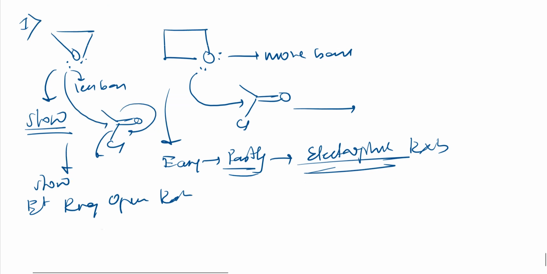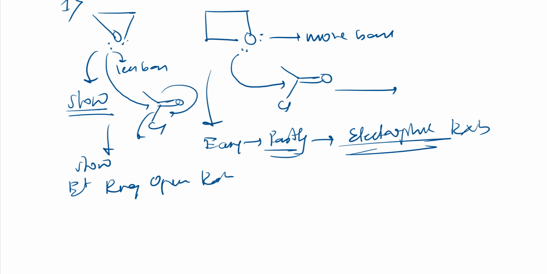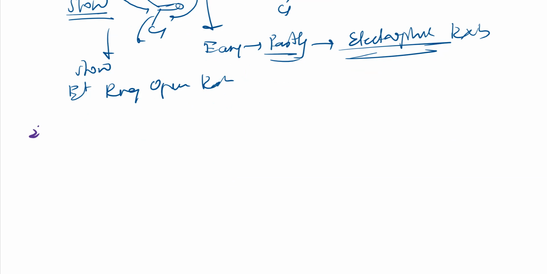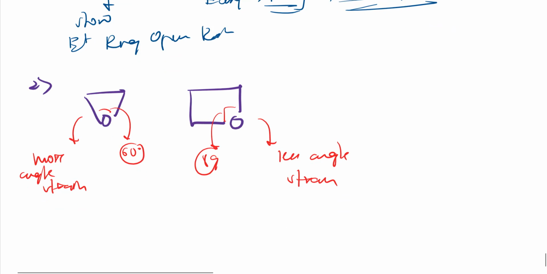So I compared the basicity, and using that I talked about the electrophilic ring opening reaction, which one will be fast and which one will be slow, right? Second point, I am comparing this one and this one. Here there is more angle strain, and here less angle strain. Why? Here, as I have told, the angle will be near 60 degrees, whereas this angle will be around 89 or 90 degrees, near 90 degrees. In both cases sp3 hybridization is there, no doubt.